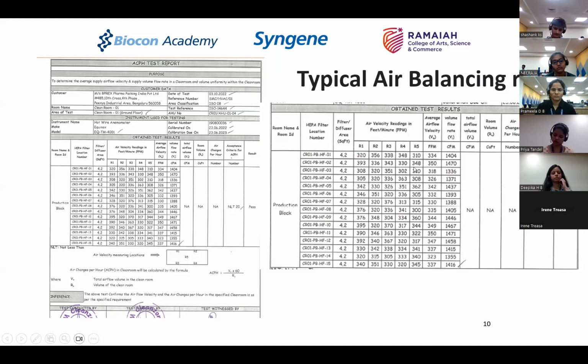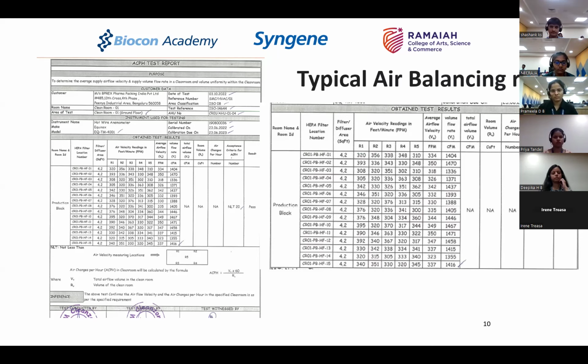Why are these things regulated? Because the point of doing all these exercises is to ensure proper airflow within the entire facility and not to create any hot pockets, so that none of our clean facility is creating a hot pocket, and the airflow is uniform throughout the facility.